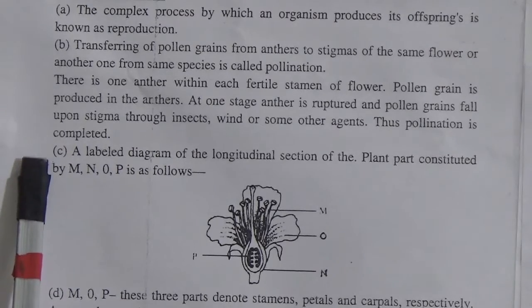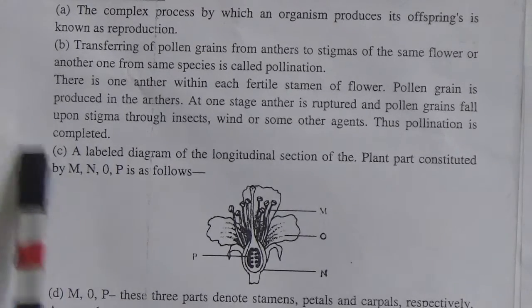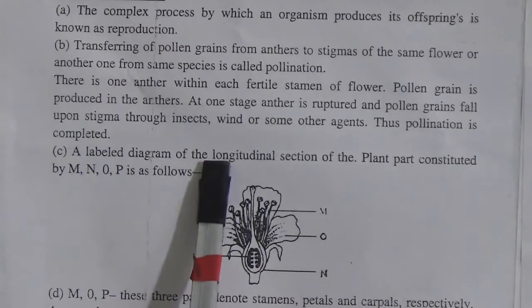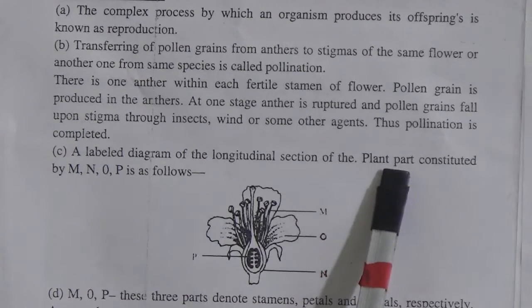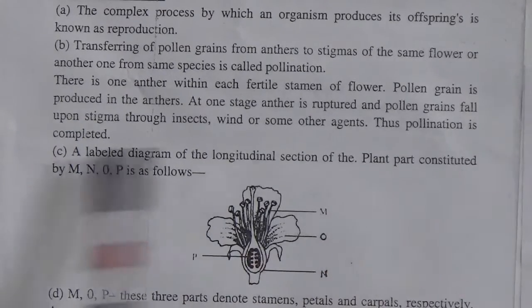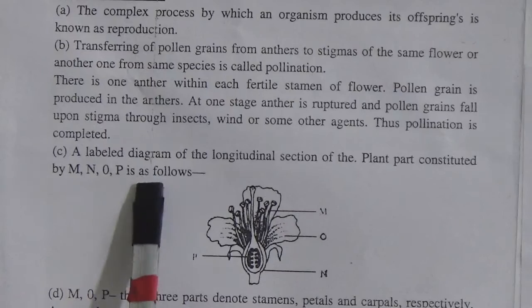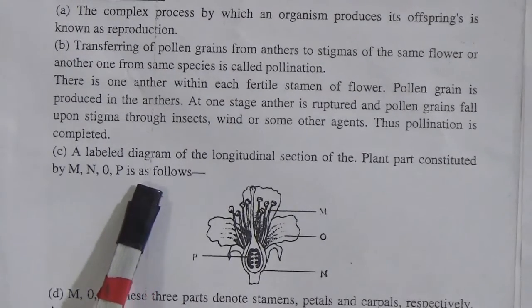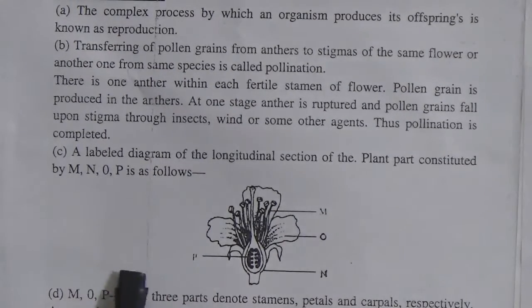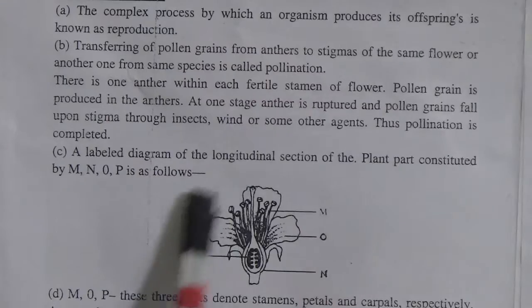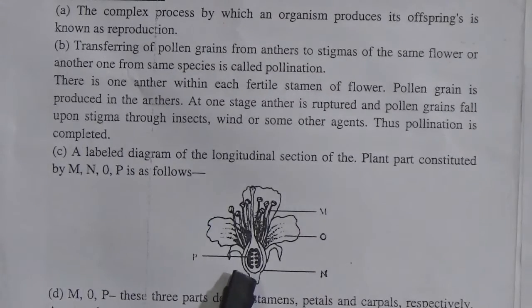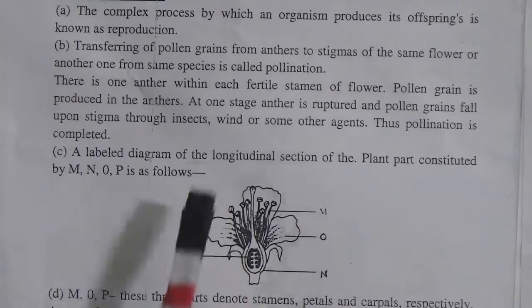And come to the answer of C. You have to draw a labeled diagram of the longitudinal section of the flower, the plant part constituted of M, N, O, P, because all the parts we get in a flower, that's why we have to draw the flower. And this is the longitudinal section diagram of the flower, and this will be your homework.